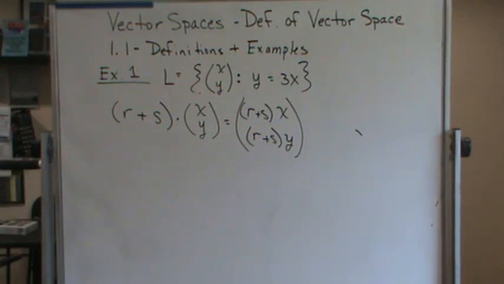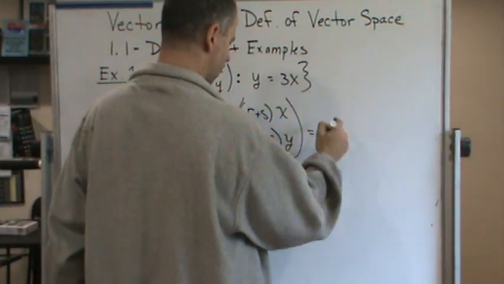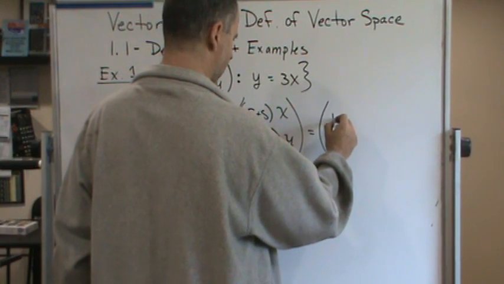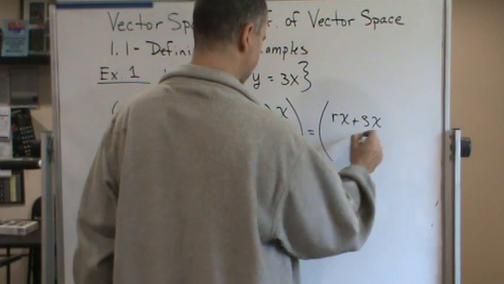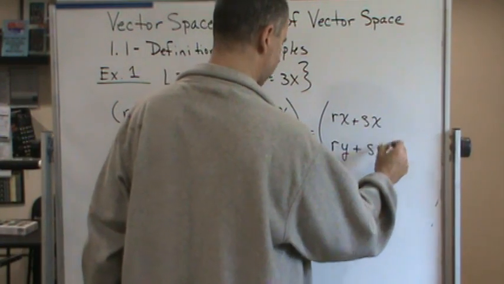And then of course we could use the distributive property of real numbers inside, right? And so this becomes rx plus sx, ry plus sy.